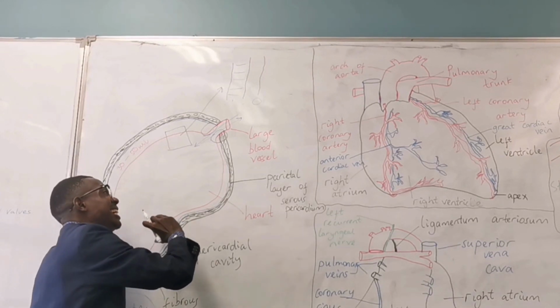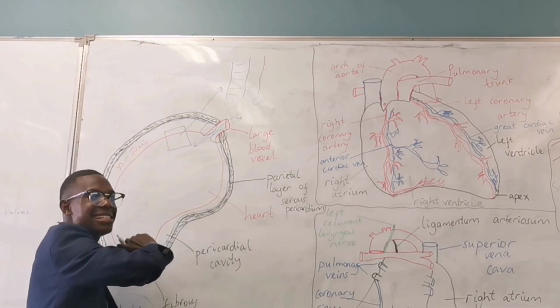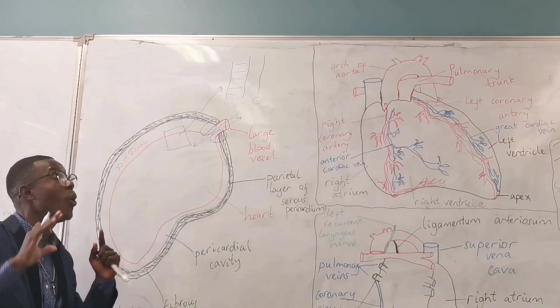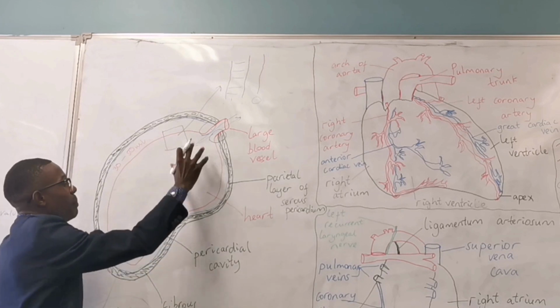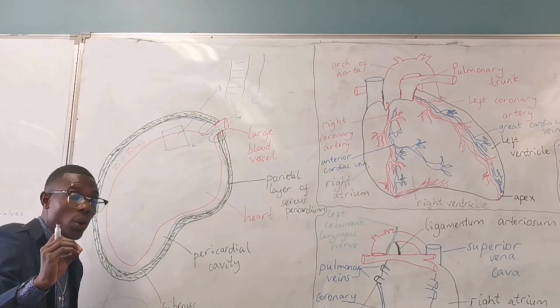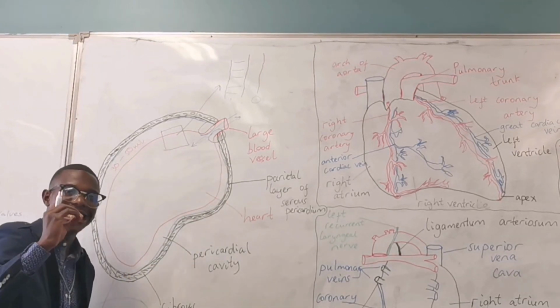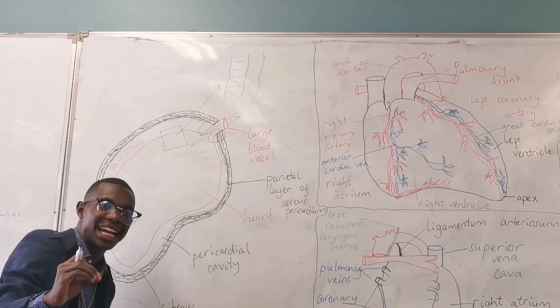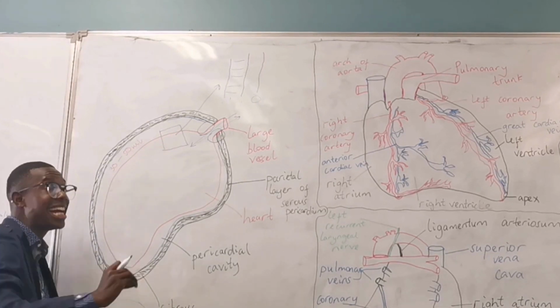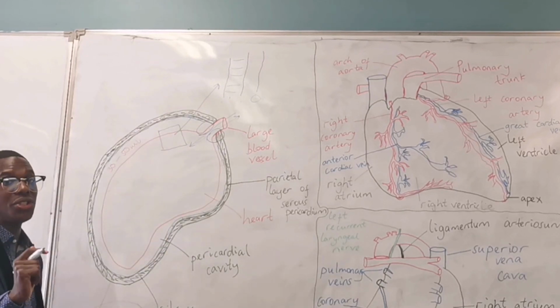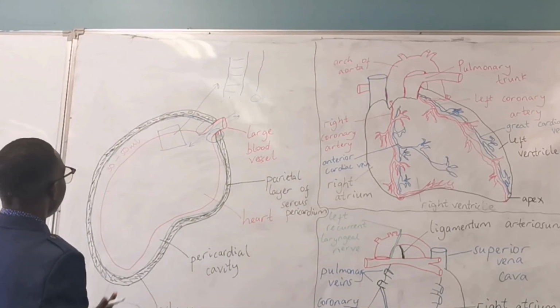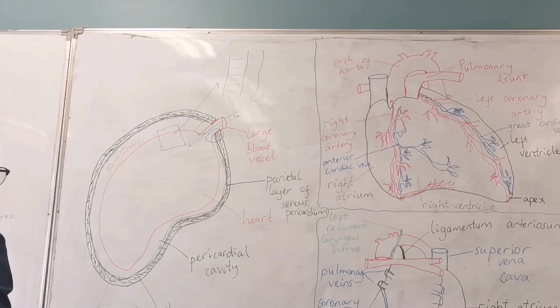The ascending aorta is completely covered by the pericardium, as well as the pulmonary trunk. The pulmonary artery trunk is also covered by the pericardium. So you need to take note of that. This is the covering of the heart.